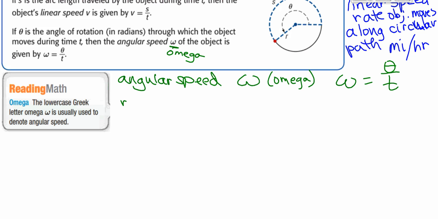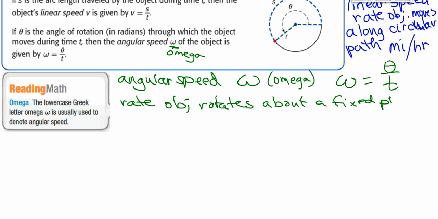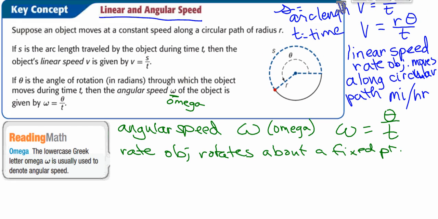This is the rate an object rotates about a fixed point. And it's this omega equals theta divided by t.